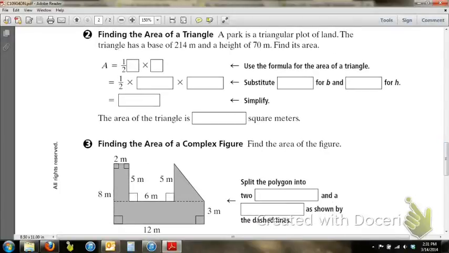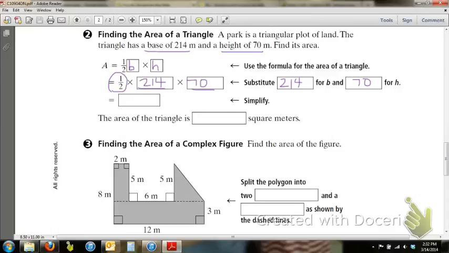Okay, so in example 2, we're going to find the area of a triangle. So remember that the formula is 1/2 base times height. They tell me that the base is 214 and the height is 70. So I substituted those two numbers in. Now, because you have this 1/2 here, it'll make your math a little bit easier if you cut one of these numbers in half. If you only have one number that's an even number, cut that one in half before you multiply.